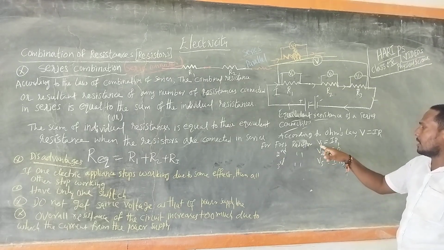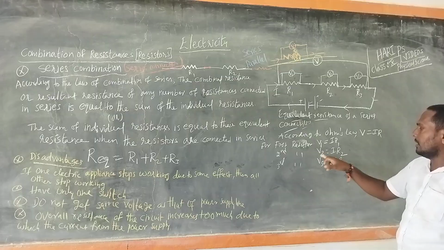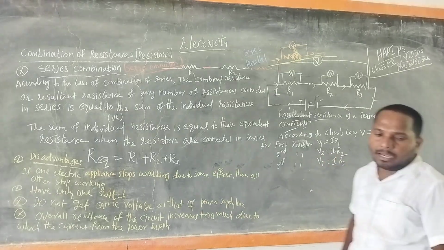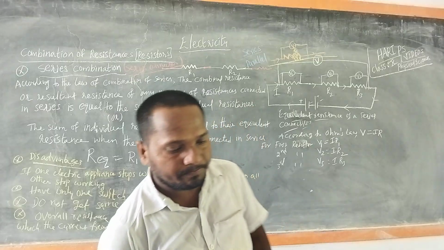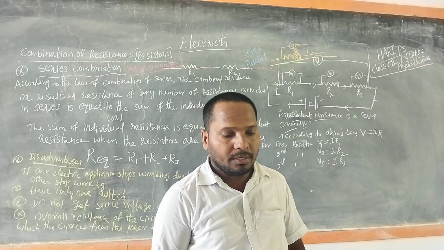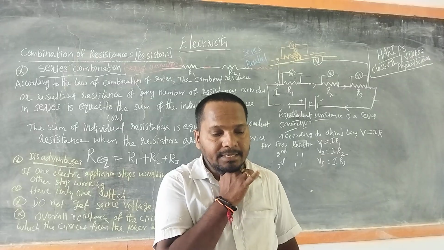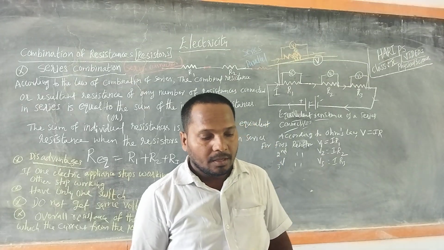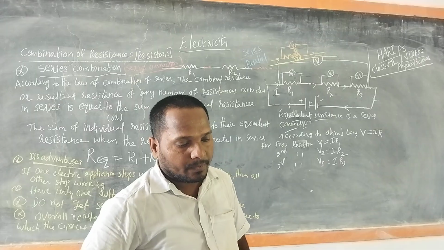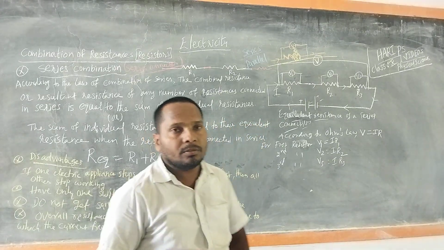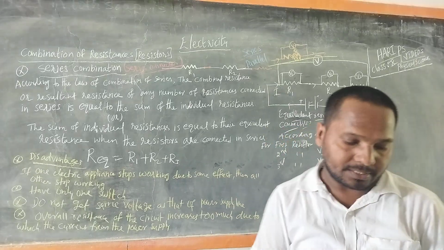So from this we can write V1 is equal to IR1, V2 is equal to IR2, and V3 is equal to IR3. So let Req is the equivalent resistance of the combination of resistors in a series. So now let us find out the total potential difference.